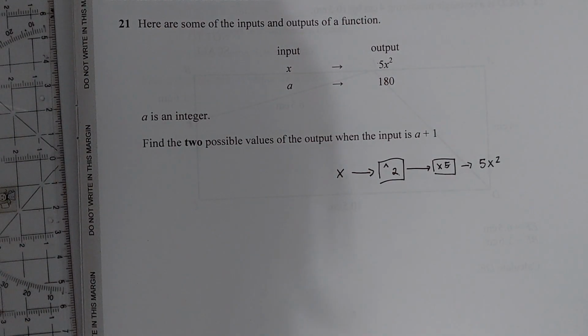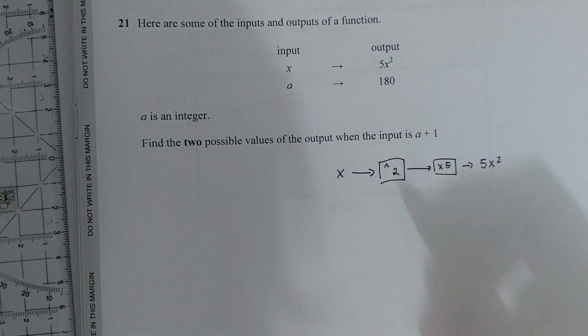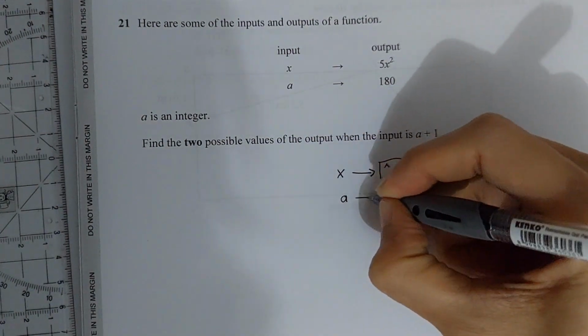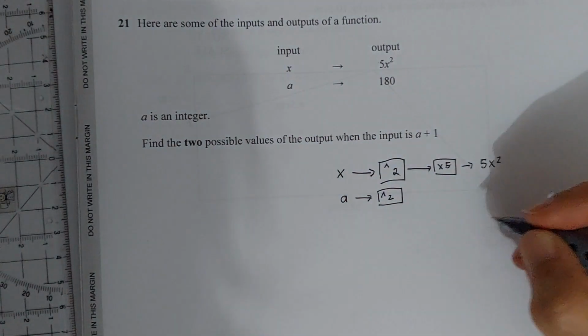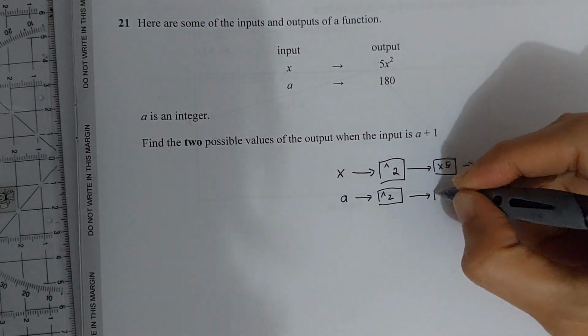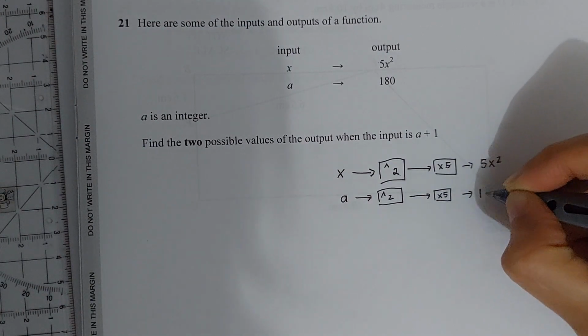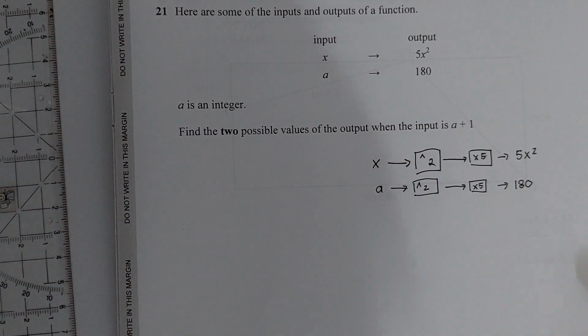Okay, guys. Now the same function will be applied to this one. So A, if I square by 2, and then after that I times it by 5, it will give me 180. What will be the A? Why do I need to find the value of A?